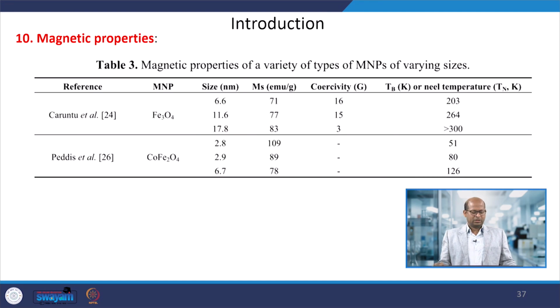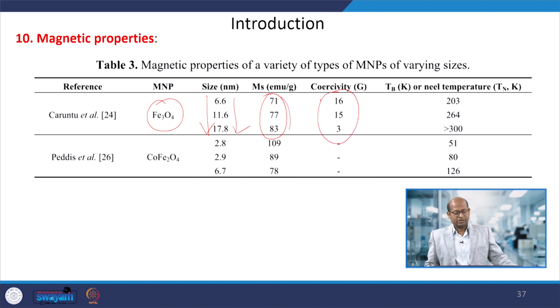Here are three examples showing how the size of the material matters. Let us say we have prepared Fe3O4. If we decrease the size, then the MS property, the saturation magnetization, changes this way, and coercivity also changes that way.